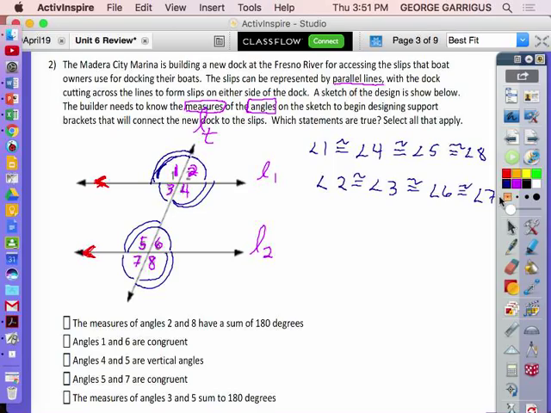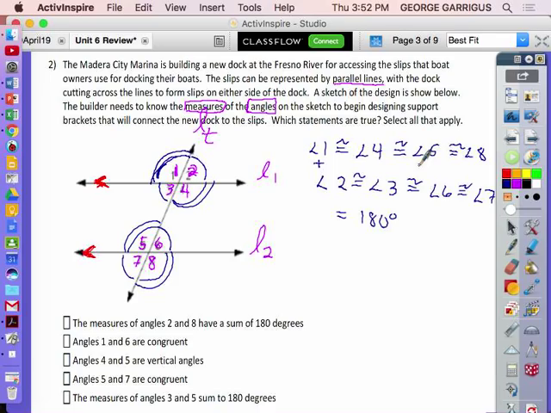The measure of angle 2 and 8 have a sum of 180 degrees. Let's look at angle 2. We know that anytime you put one of these angles and you add them to one of these angles, it's going to equal 180 degrees. So we just need to see if angle 2 is in this category and angle 8 is in this category.